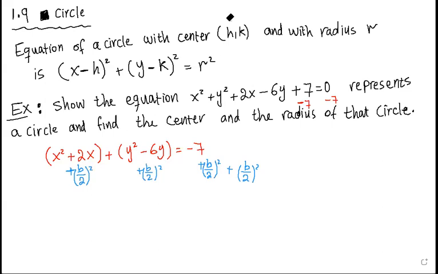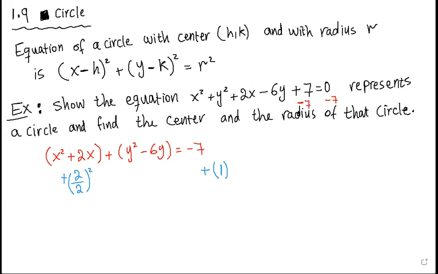Let me erase it. To complete the square, I have to add here b over 2 squared. The b here is 2, so 2 over 2 squared. I add this to the equation, then I have to add it on the other side again. 2 over 2 is 1, actually, and 1 squared is 1, so I have to add 1.